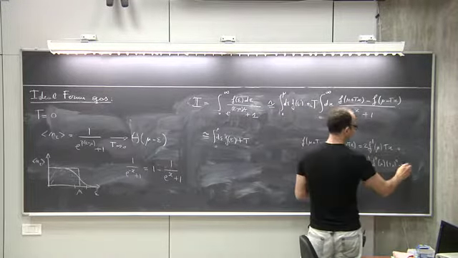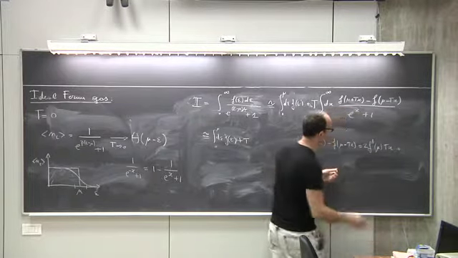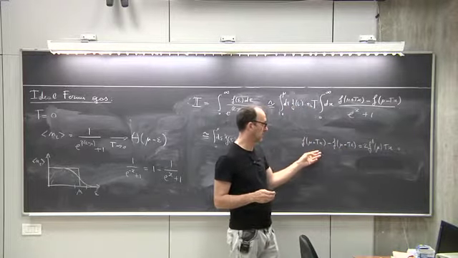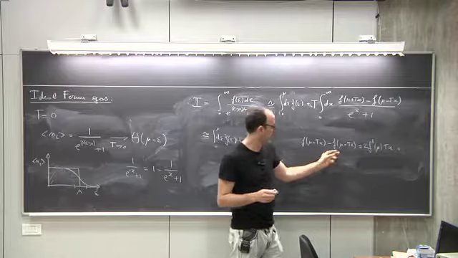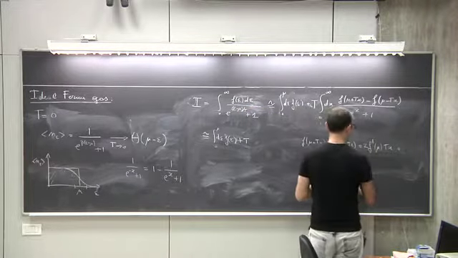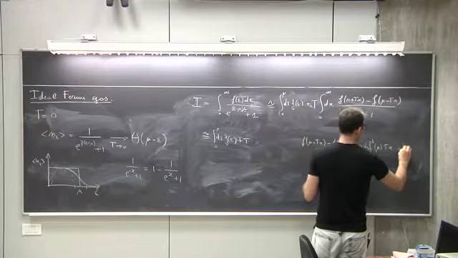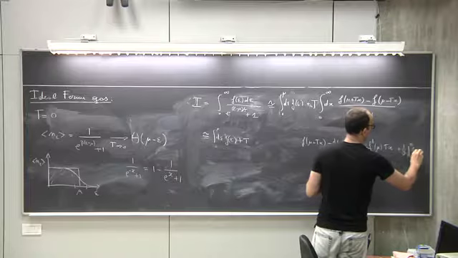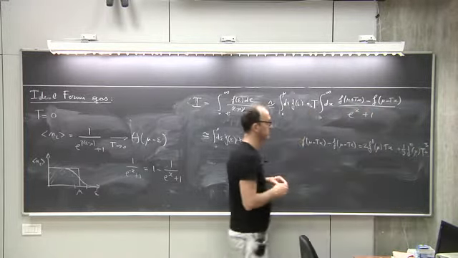So the next order term will be proportional to the third order derivative, okay. So there will be 1/3 factorial times 2, f3 of mu times t cubed, okay.